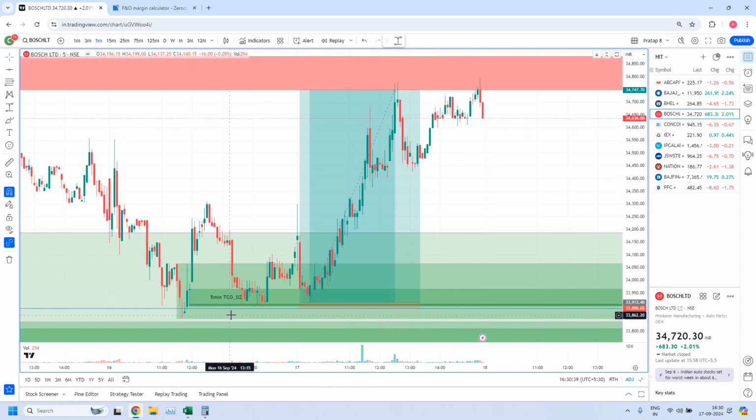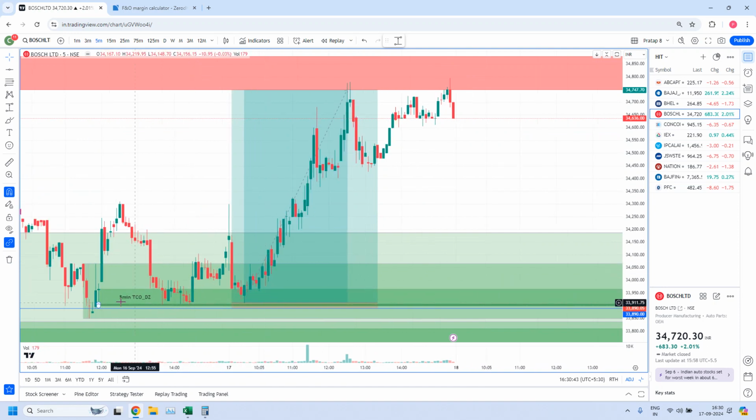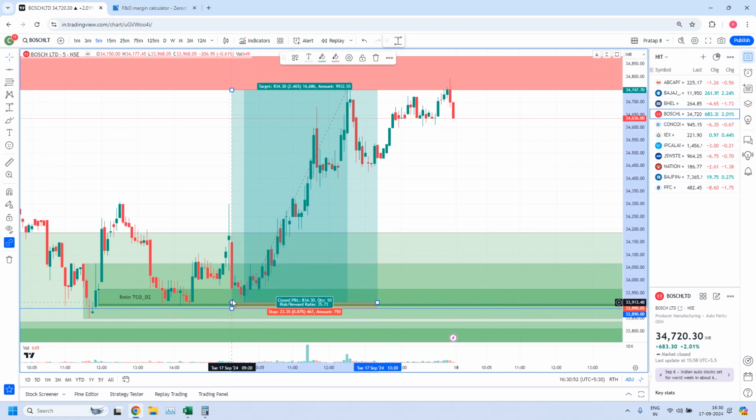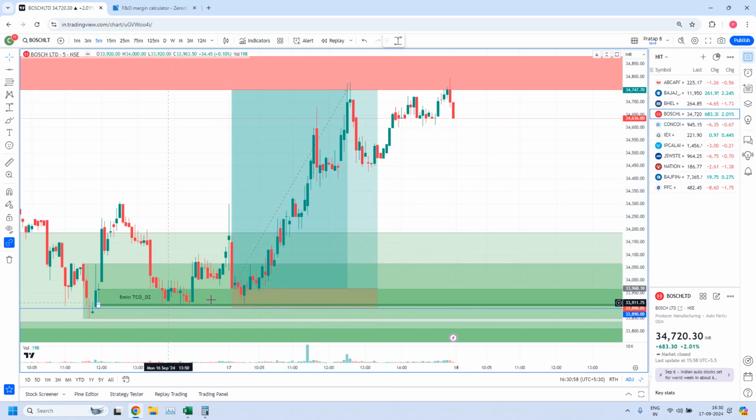So the software suggested this is the entry and this is the target. Suppose you would have taken your trade at the 5-minute zone, not at the fine-tuned 1 minute. How much RR would we have achieved? Okay, let me increase the risk. This could have been my entry. This is the entry.